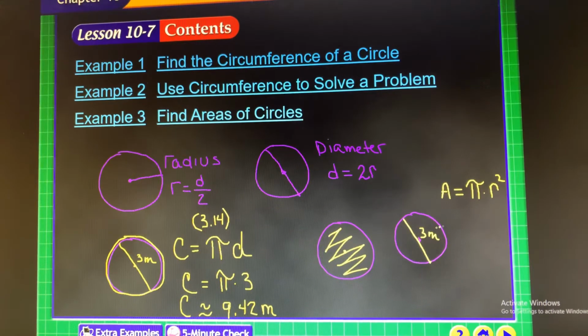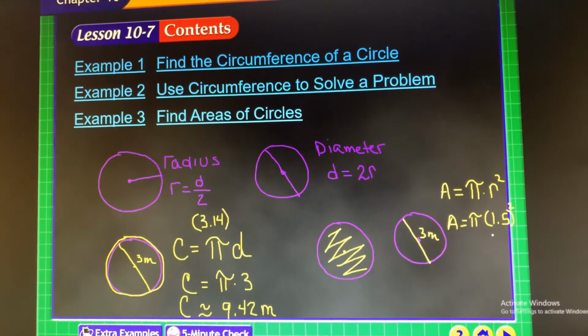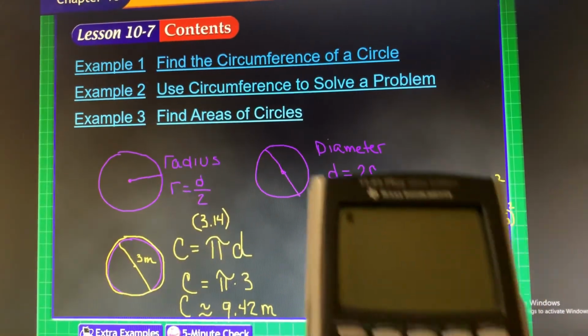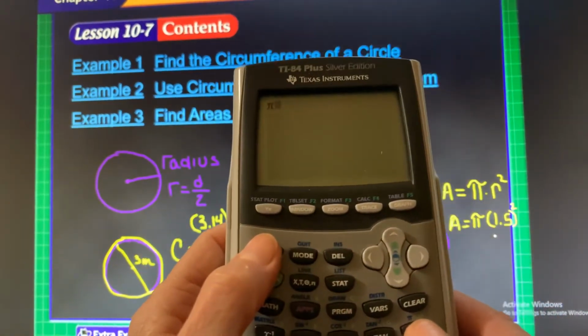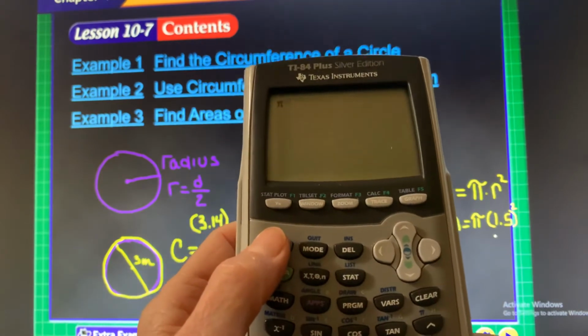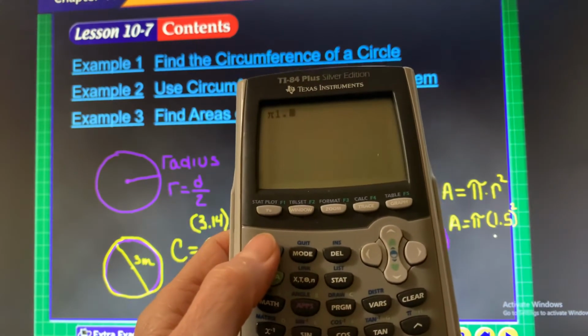So on your calculator, you would go area is equal to pi times 1.5, right? Because that's half. I need the radius squared. So again, on your calculator, you're going to go, second pi, and then I'm going to go 1.5.